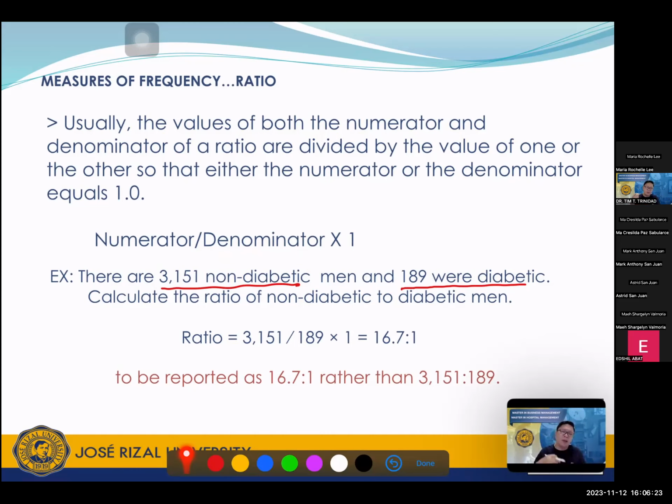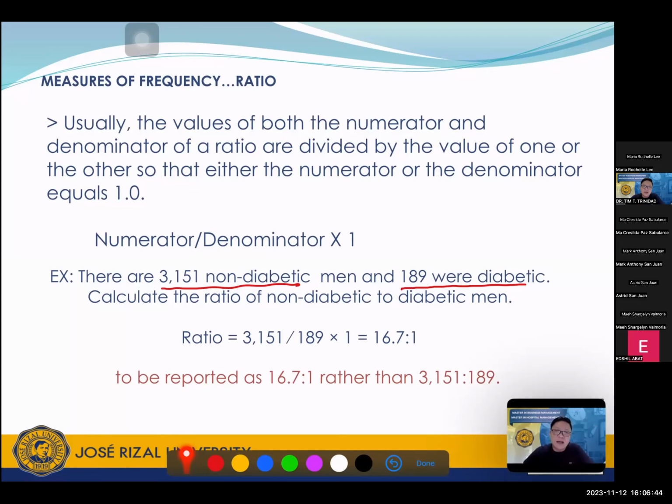So they were able to give me the descriptive statistics in the language of ratio, so that you will now report that there are 16 or 17 non-diabetic for every one diabetic. Okay, do you get my point? Are we clear with ratio?